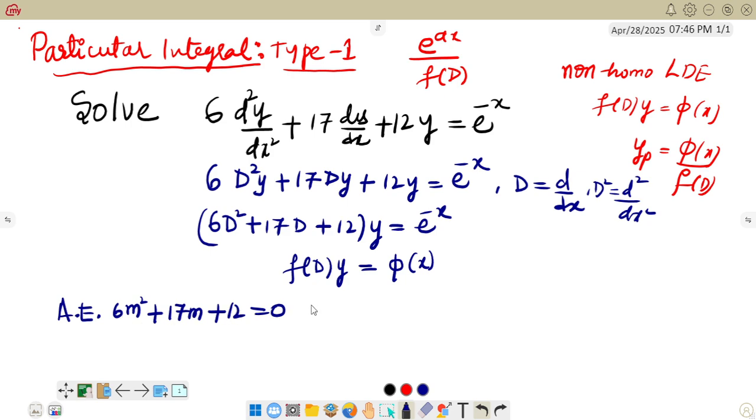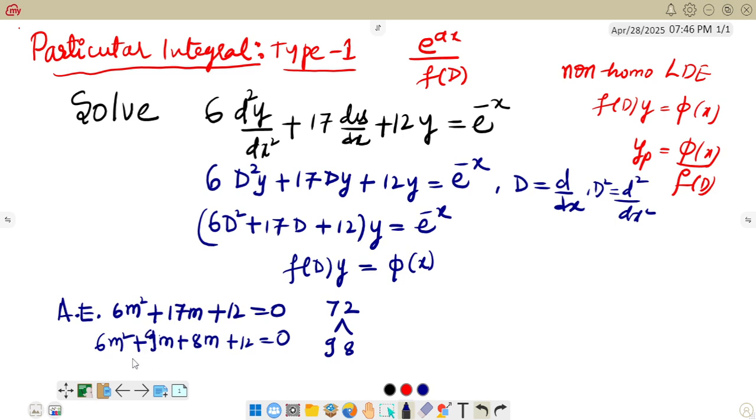6 into 12 is 72. We can factorize 72 as 9 and 8, since 9 times 8 is 72, and by adding 9 and 8 you get 17. So you can write 6m square plus 9m plus 8m plus 12 is equal to 0.